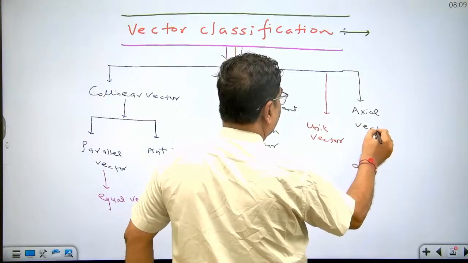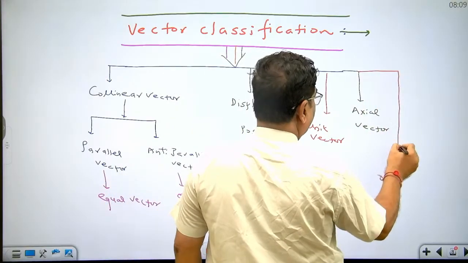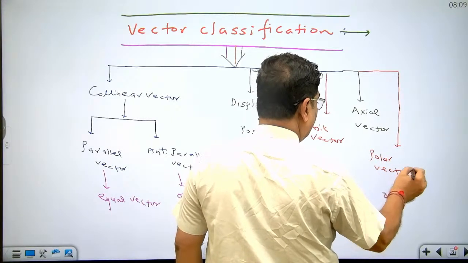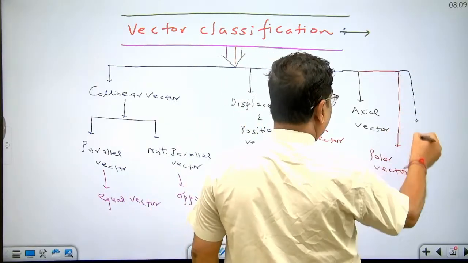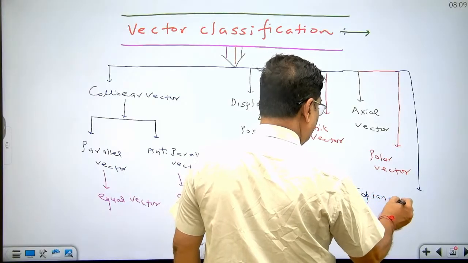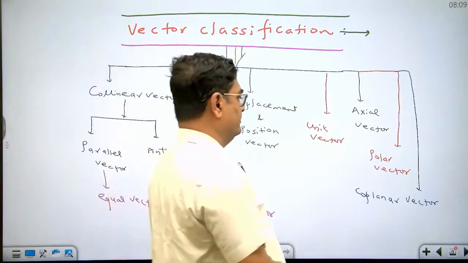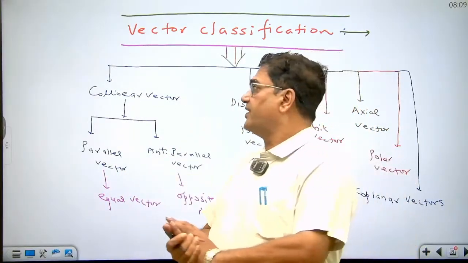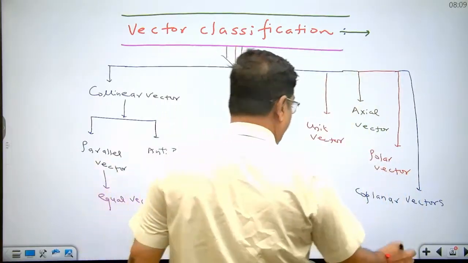Axial vector, polar vector, coplanar vector. So dear student, this is the broad classification of vector. Let's see what is collinear vector. Okay, one by one we will be looking.